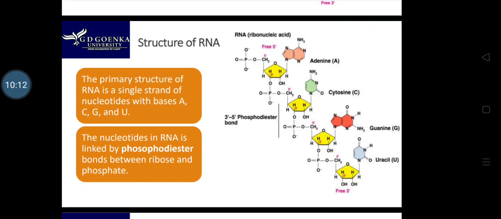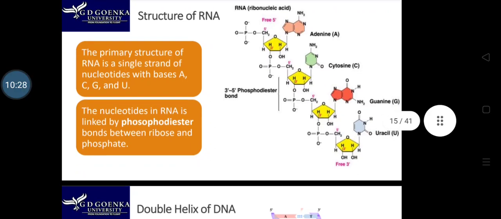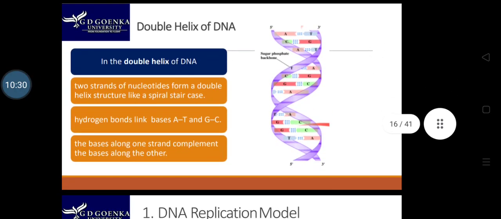So these are the two differences that we see between the structure of RNA and the structure of DNA: the sugar and the nitrogenous base, here uracil. Ribose sugar and uracil are present in the structure of RNA.